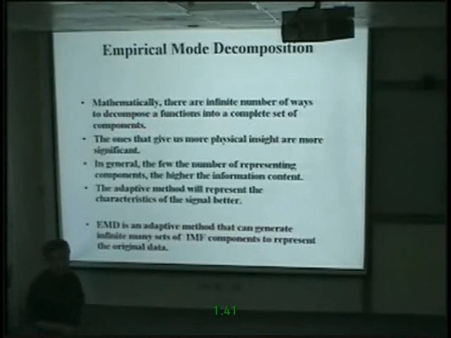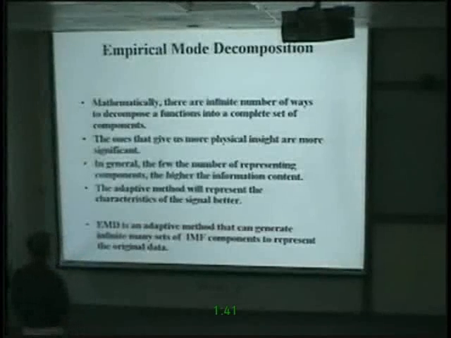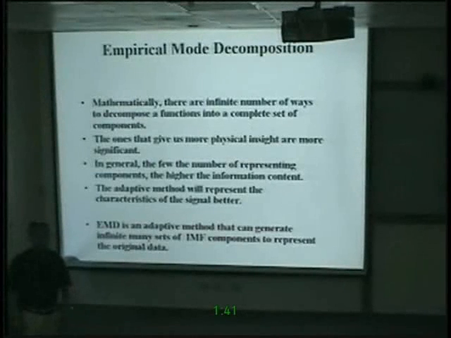Now, the one that gives us more physical meaning is more significant. So which one gives us meaning? We can decompose it into trigonometric functions. We can decompose it into wavelets. There are so many different wavelets. If you pick up any wavelet book, you find there are hundreds, if not thousands, of different wavelets. They're all orthogonal, orthonormal.